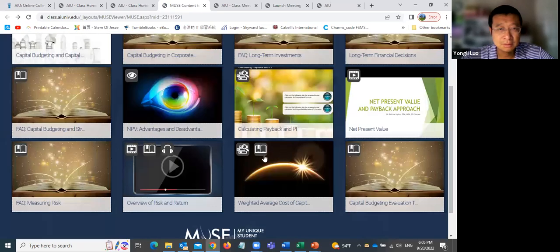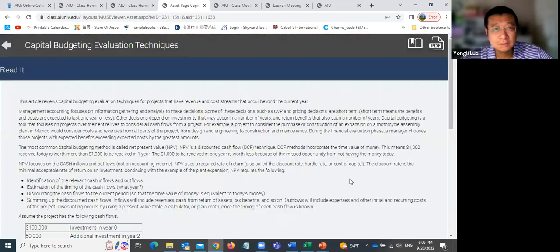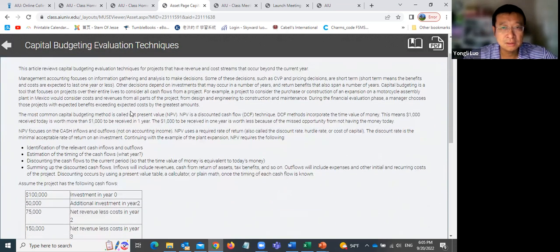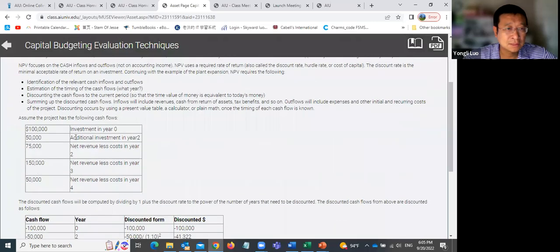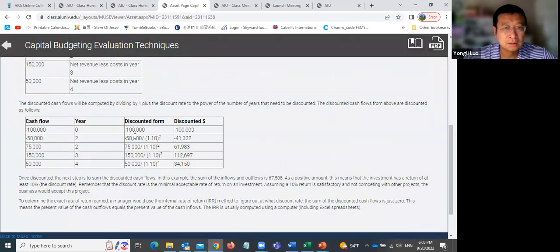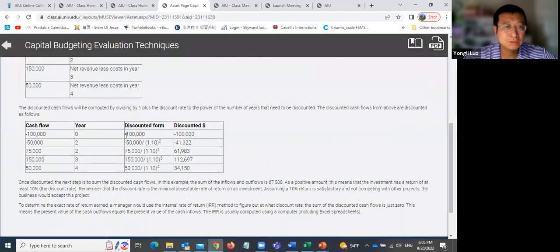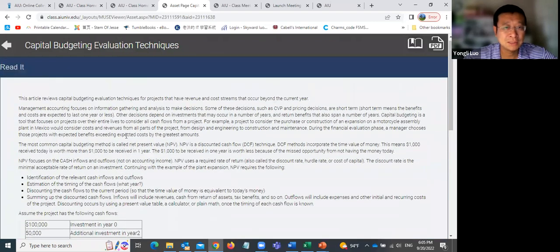Okay, so we have capital budgeting evaluation techniques. Here we have an example, and the example is going to show you how to do capital budgeting.